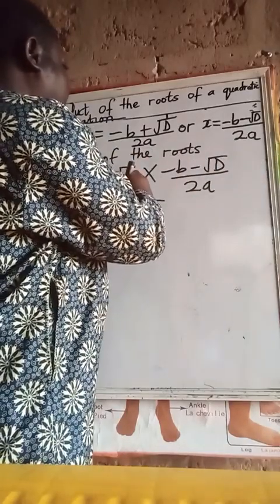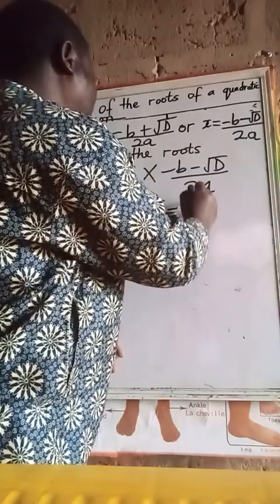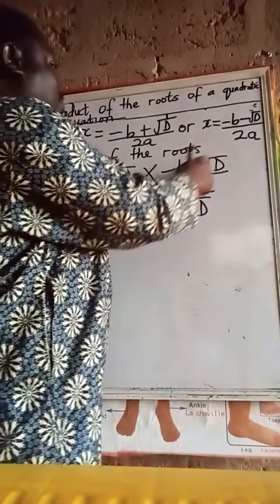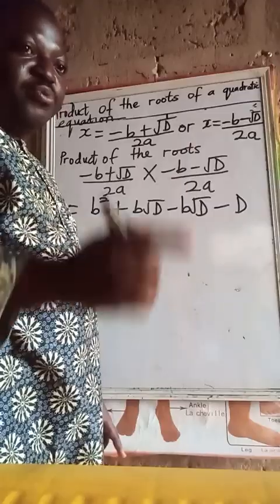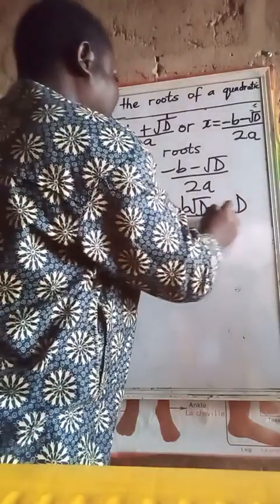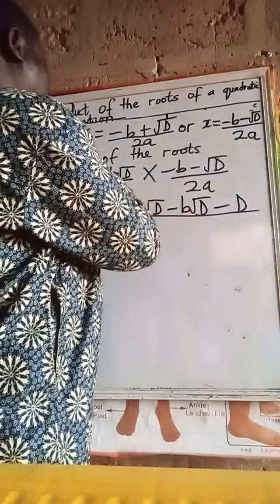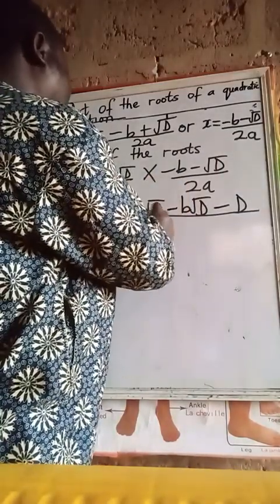So plus root d times minus b. That will give us minus b root d. Then plus root d times minus root d. This will give us minus d. Don't forget root d times root d is equal to d. Then everything over 2 times 2, 4, a times a, a square.